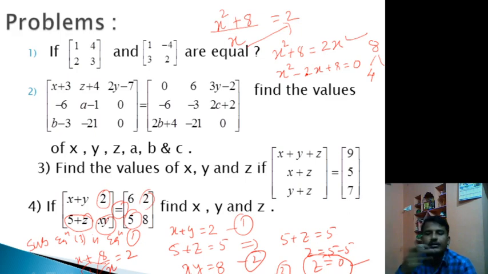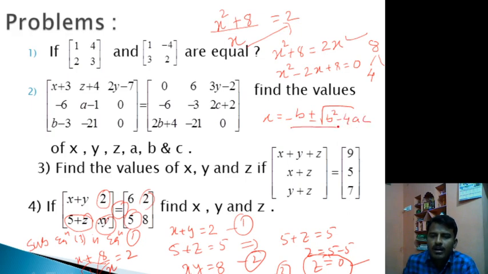Otherwise we will use the Sridharan formula: x is equal to minus b plus or minus square root of b square minus 4ac upon 2a. What is the value of a? A equal to 1. What is the value of b? This method is not applicable.